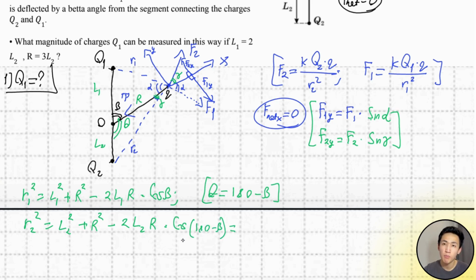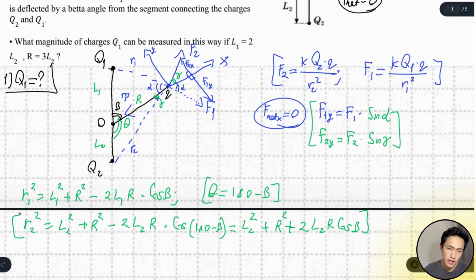That gives minus cosine, and the minus gives us plus, so it will be plus 2 L2 R cosine beta. So we have defined R1 and R2.